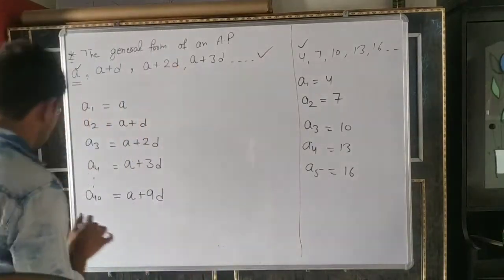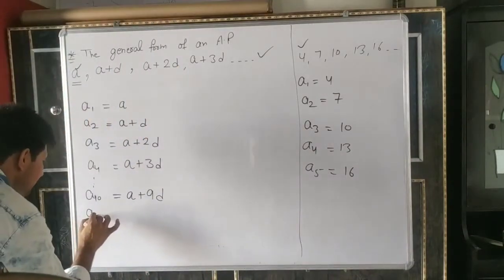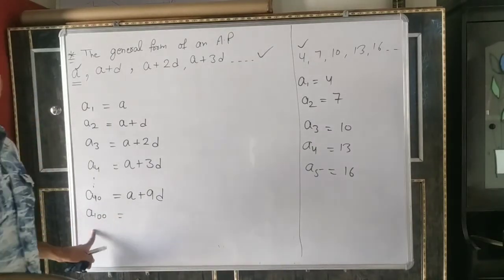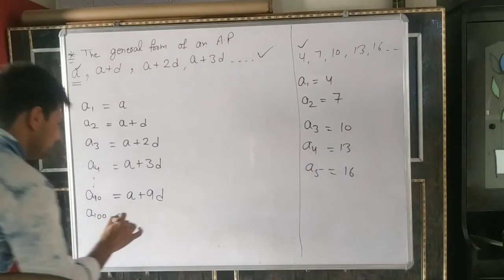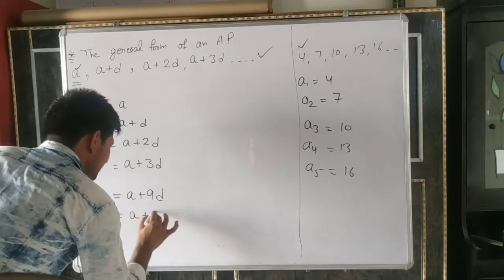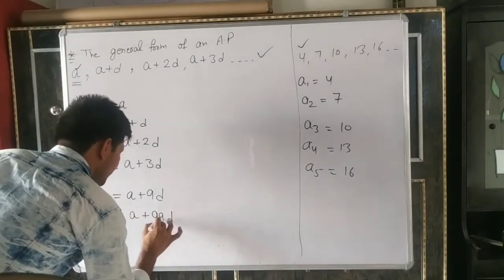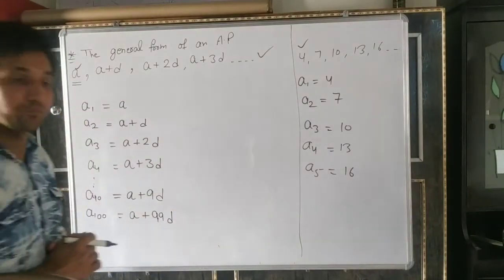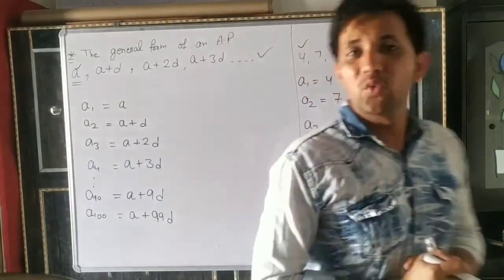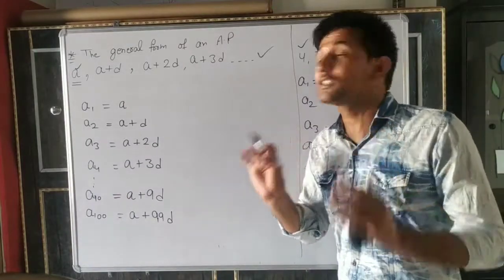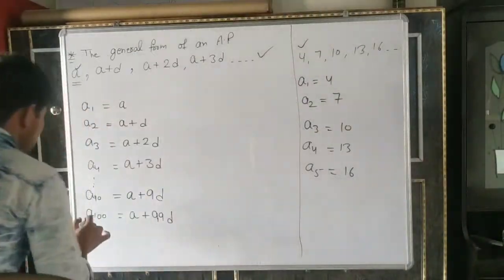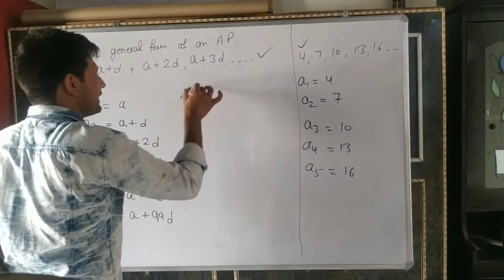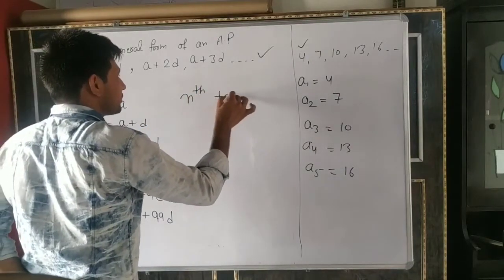If I ask you A100, what is the 100th term of the AP? A plus 99D. But everyone knows, dear, the counting never finishes. So what is the last term? Suppose the last term is N, the nth term.